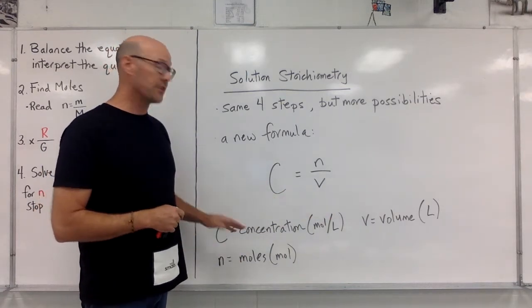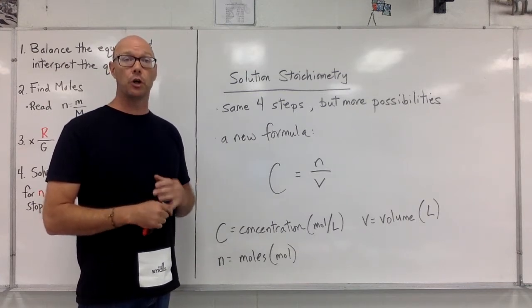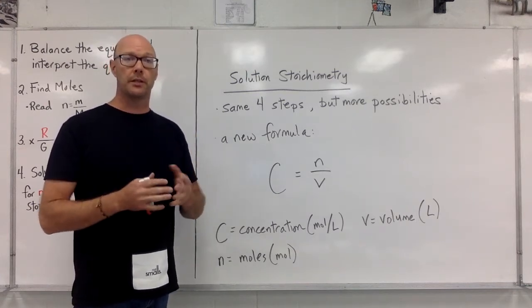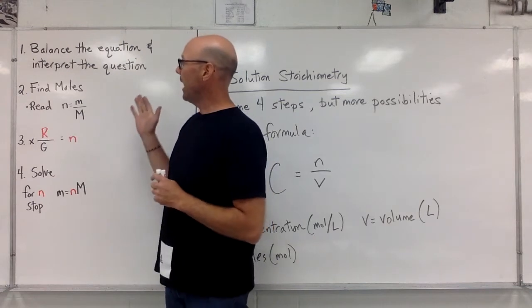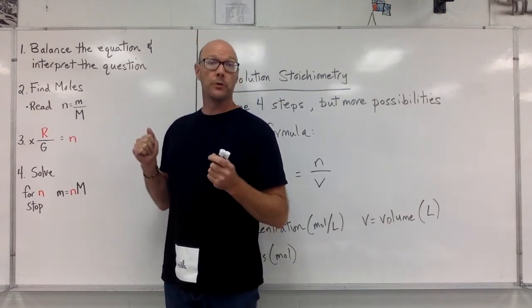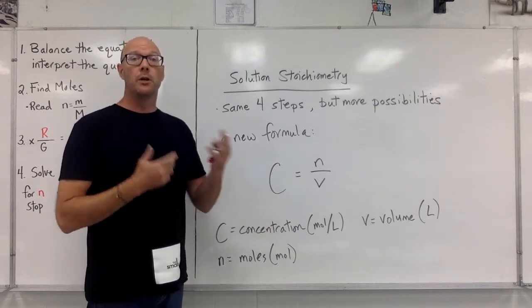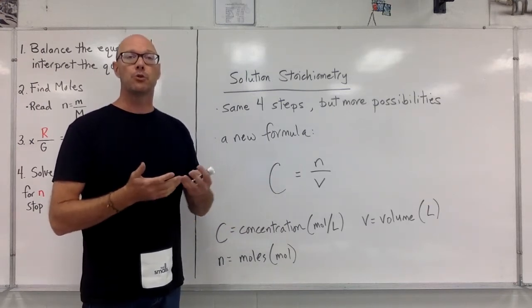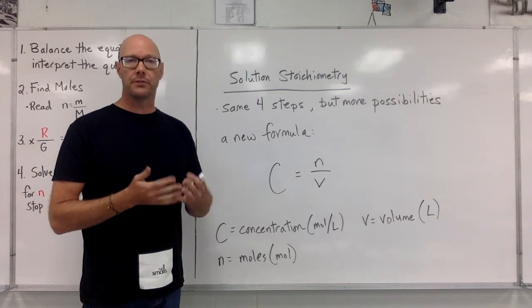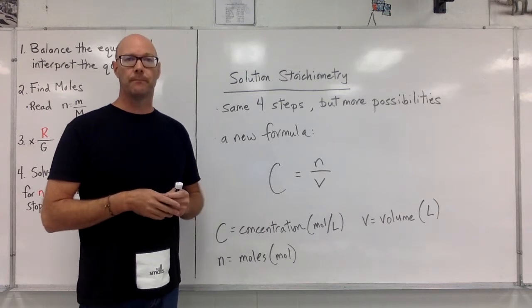We might even be asked for concentration or asked for volume, so there are more possibilities. Earlier, we only had mass or moles, but now we might have mass, concentration, volume. There are going to be more things to keep track of, a little bit of extra emphasis on the interpretation.